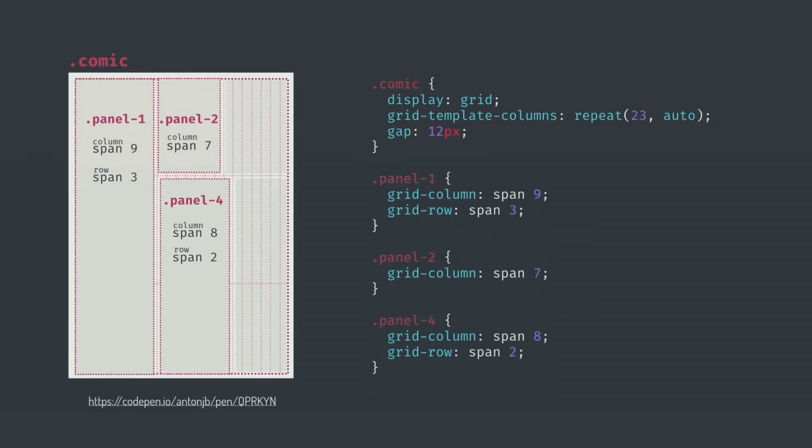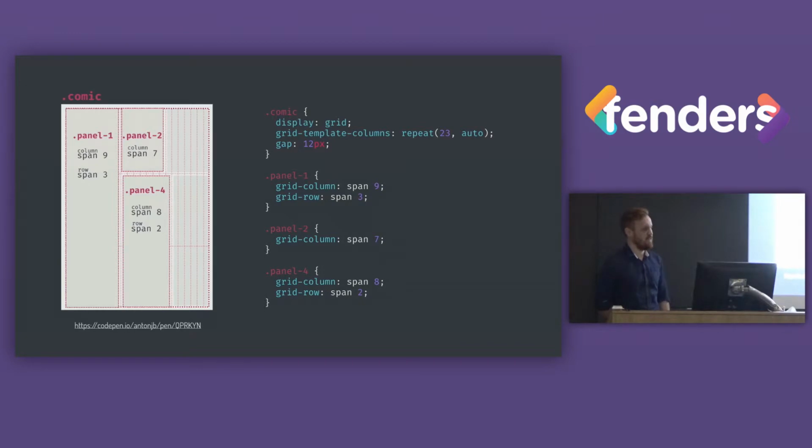Panel 2 is similar to the other ones, it spans 7. Panel 4 is kind of double the height of that. It spans across 8 columns, so we still get that staggering, and then spans 2 rows down. So now that we're working with multiple axes, we are able to cover a great many layouts up to the Bronze Age of comics.